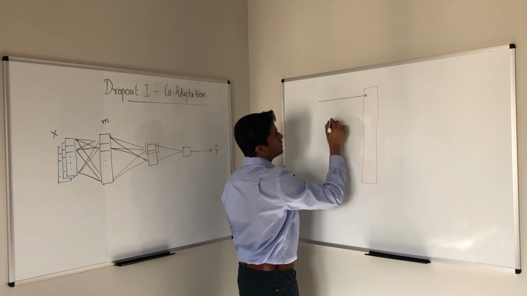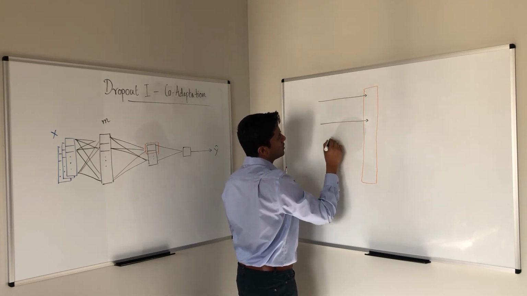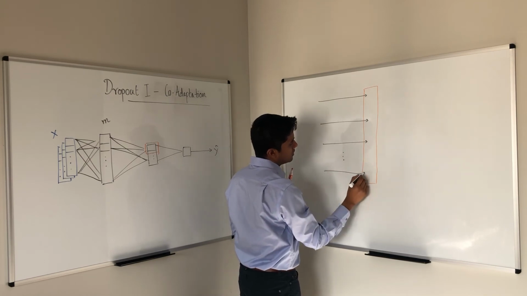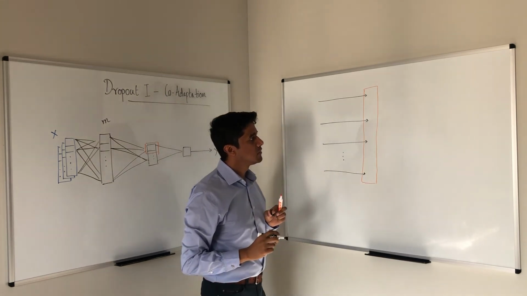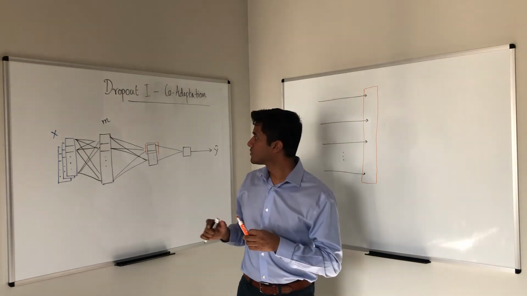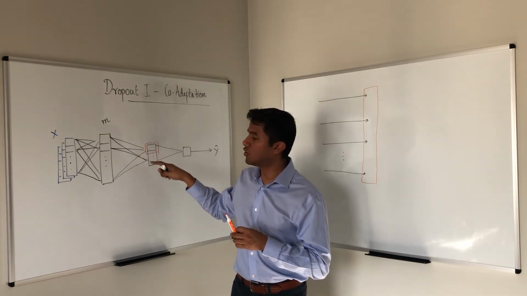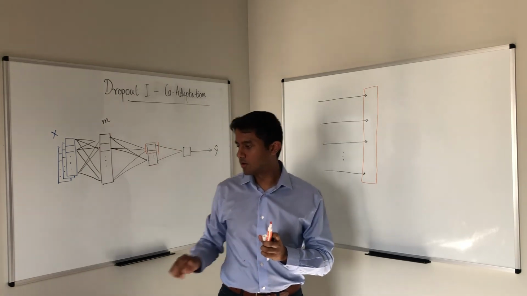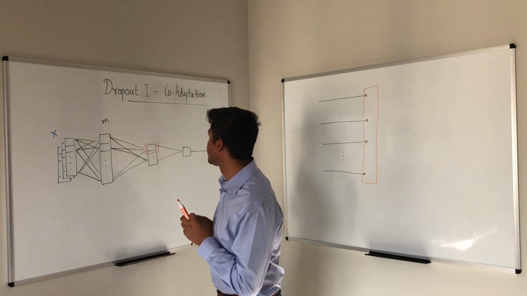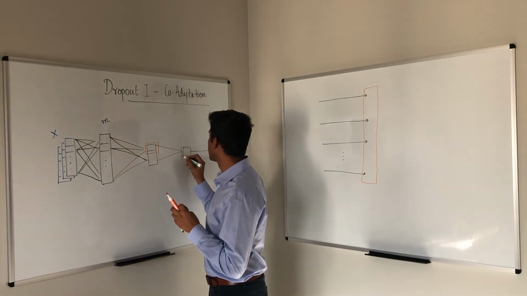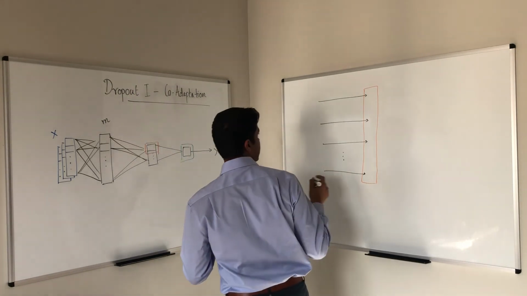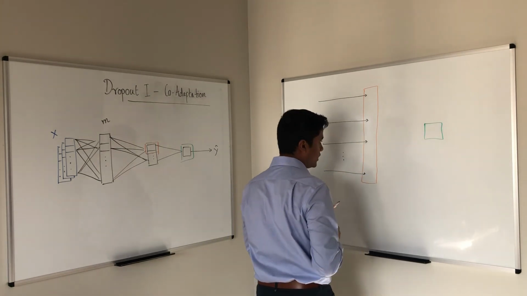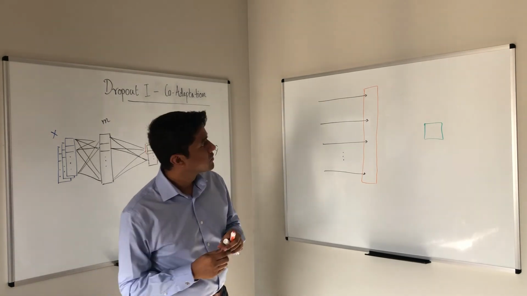This orange node is then connected with my output node. Let me highlight it with green. So I have this green final node here that it emits to.